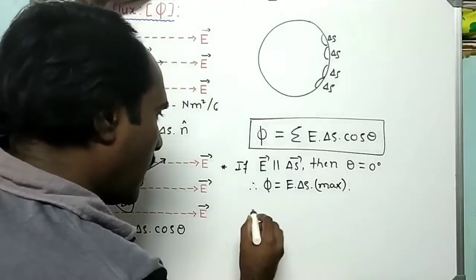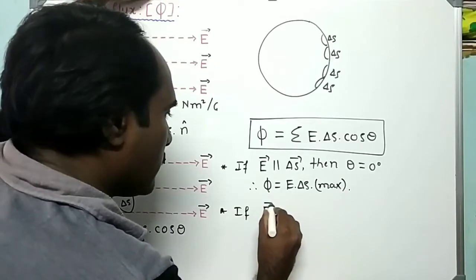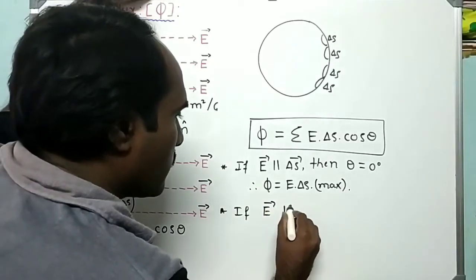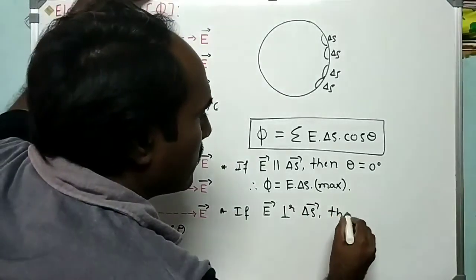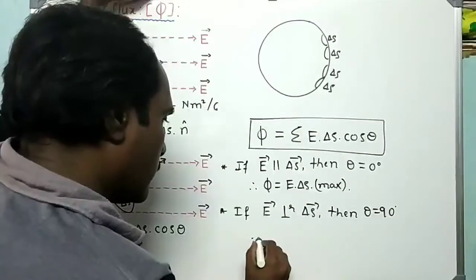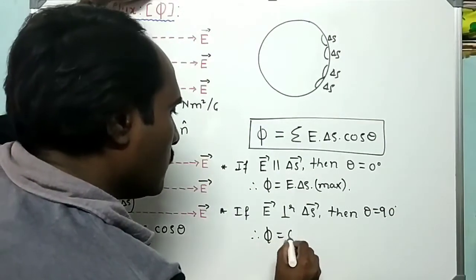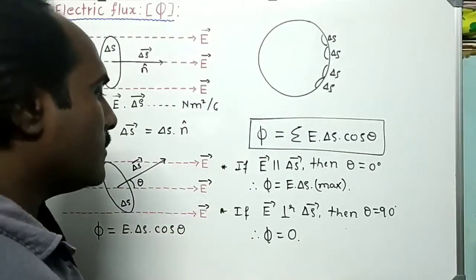Getting the idea? And if the electric field vector is perpendicular to the area vector, then theta becomes 90 degree. Therefore, flux is equal to 0. Getting the idea? These two conditions are very important.